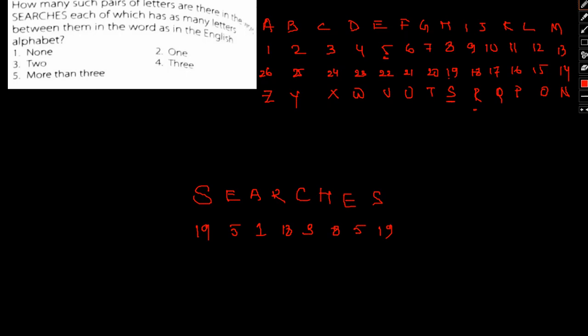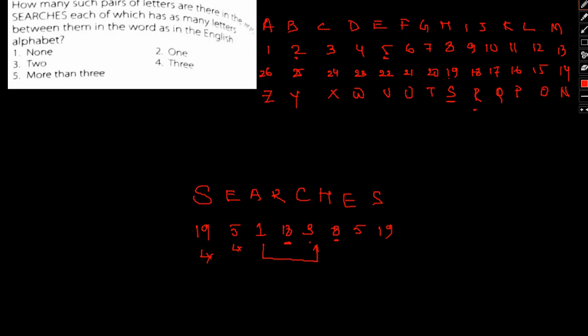Now if we see 19, if we go forward, 19, 5, no. There's 18, so there should be one letter between, but there is no letter between them. So going from S in any direction does not satisfy. If we go with 5, then 6, 7, 8, no. Had this number been 9, it would have been satisfied, but no. Going towards 5 also does not satisfy. Now 1, 2, 3, yes, there's one letter between them, that is 2, so yes, we have one.